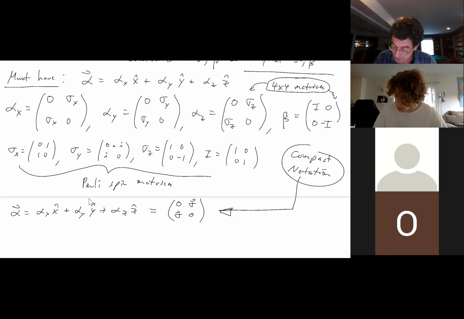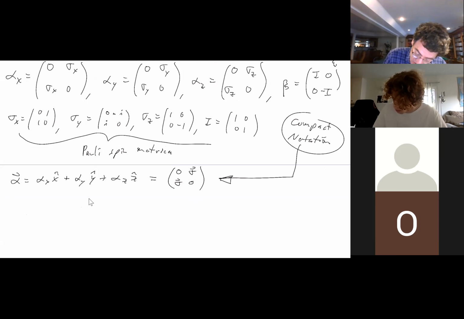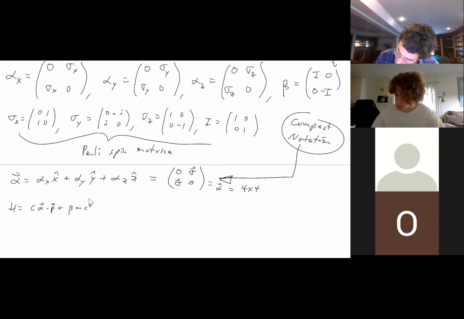Okay, so what we have then is H is equal to c alpha dot P plus beta mc squared, and this is alpha here, right? And so this is a 4 by 4 matrix. It's actually 3, x, y, and z directions.